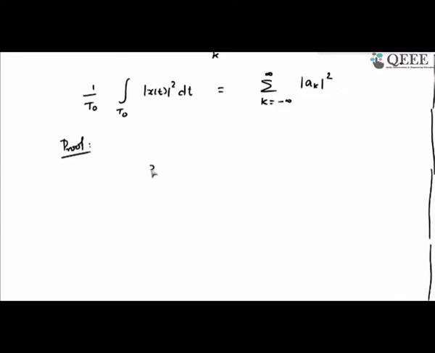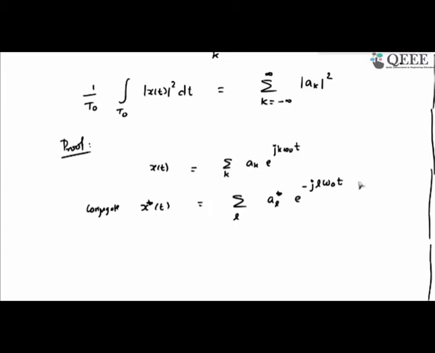So you have the signal x of t, sigma over k, a k e power j k omega naught t. Now for x star of t, the conjugate, you conjugate on both sides. Again I am going to use a different variable for the summation: a l star e power minus j l omega naught t.